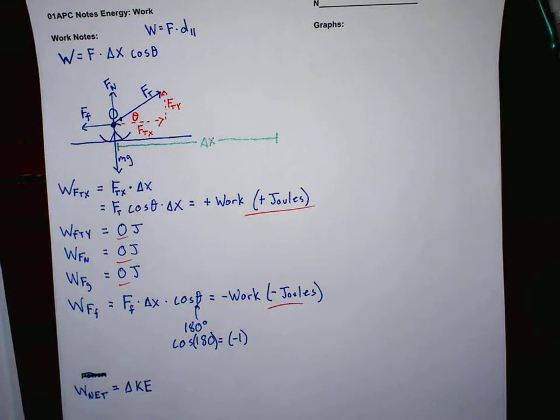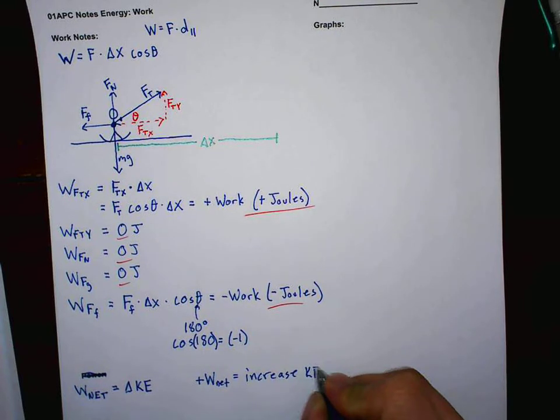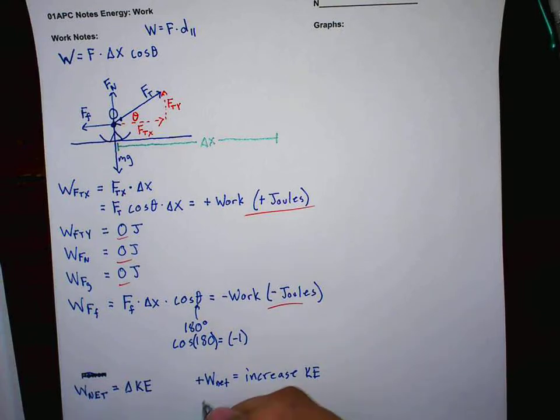Here's the rule: if we get a positive net work, we get an increase in kinetic energy. If we get a negative net work, we get a decrease in kinetic energy. That means the thing is going to slow down.